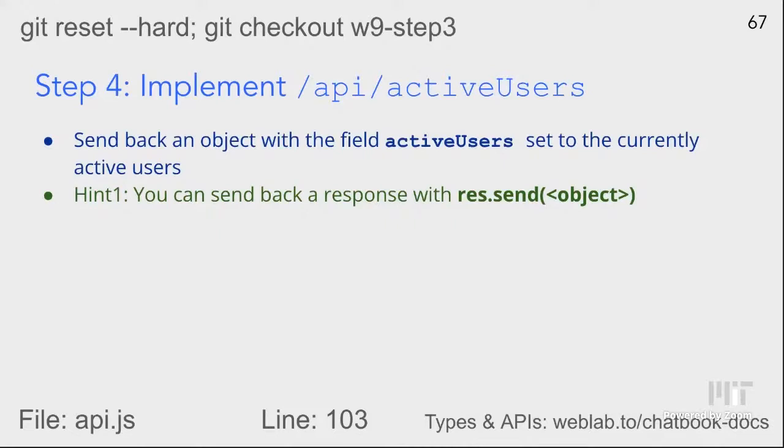And I briefly mentioned how to do this earlier in the workshop, but if you'd like a few notes on how to do it, you can go ahead and go to weblab.2/socket guide, and that will hopefully give you a hint. You can also go ahead and look at some of the code in serversocket.js to see how you might approach this problem.